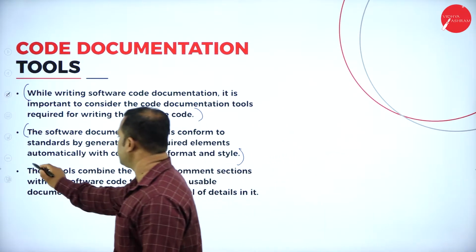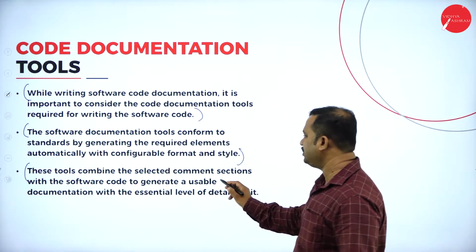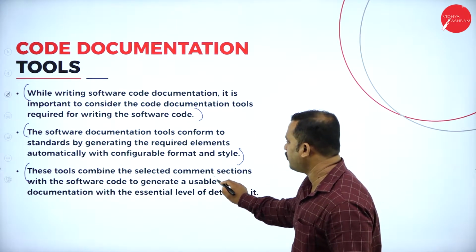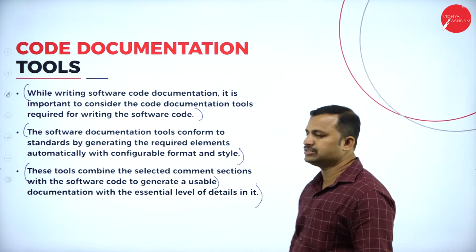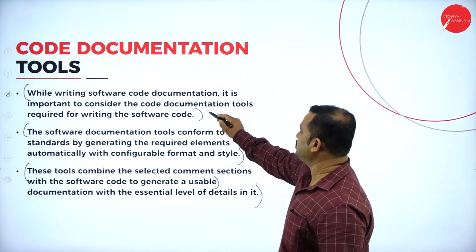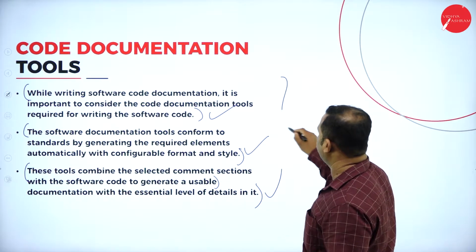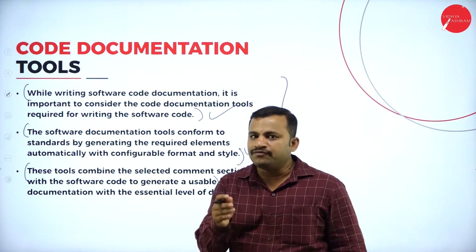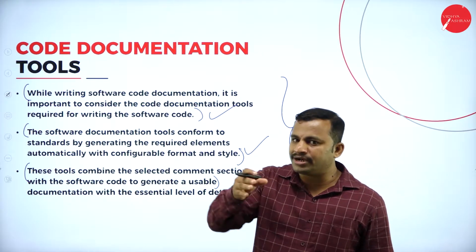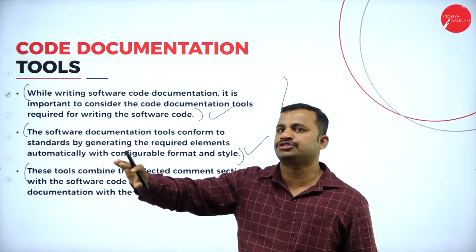These tools combine the selected comment sections with the software code to generate usable documentation with the essential level of detail in it. What does this mean? Across these three paragraphs, we can summarize the entire slide as: some tools are used to generate documentation for a code segment.